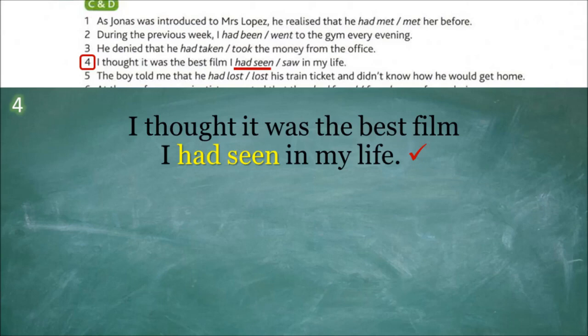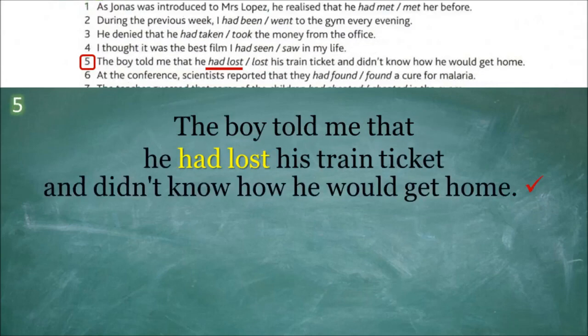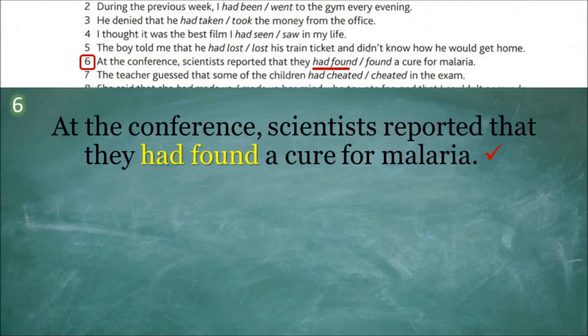I thought it was the best film I had seen in my life. The boy told me that he had lost his train ticket and didn't know how he would get home. At the conference, scientists reported that they had found a cure for malaria.